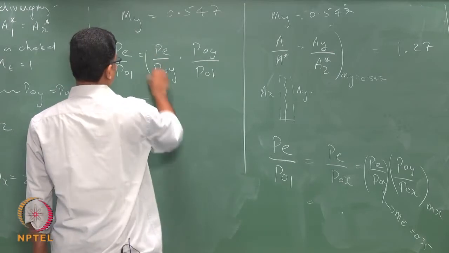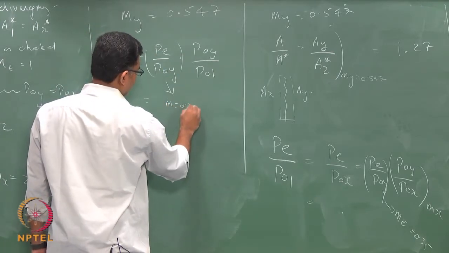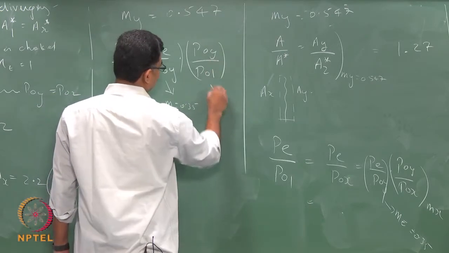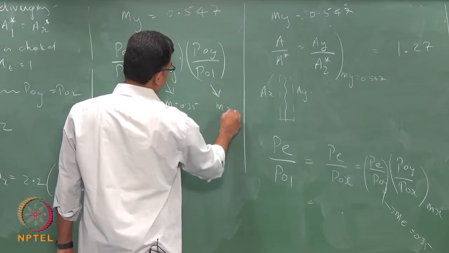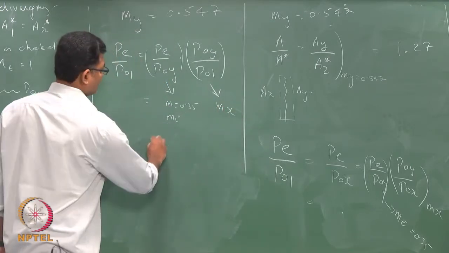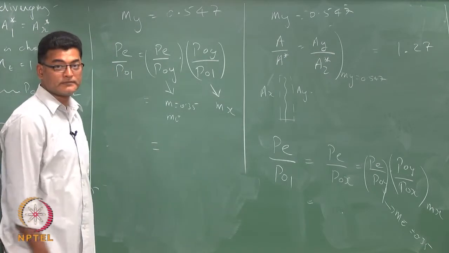This is corresponding to M equals 0.35, which is our M exit. This is corresponding to your Mx, which is before the shock. So these two values should give me the pressure ratio.